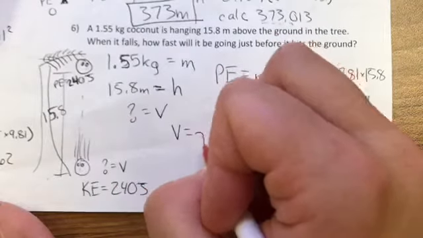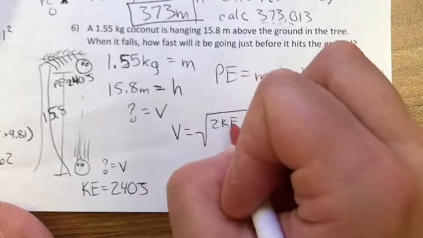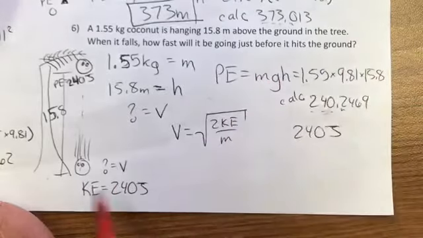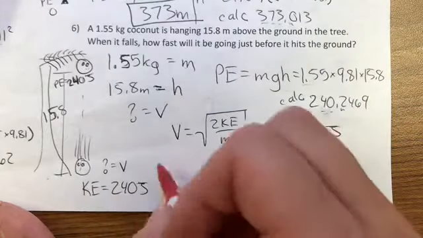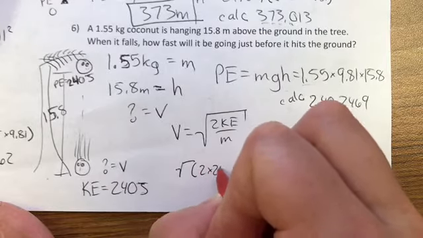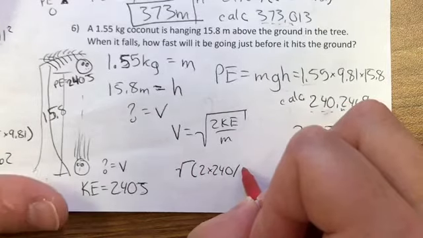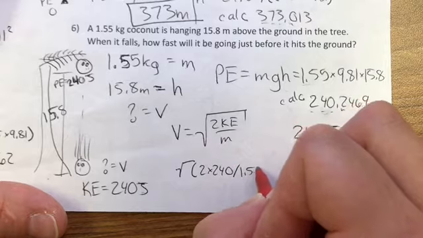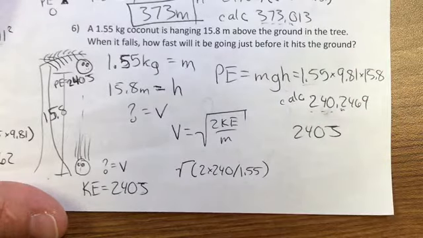Formula for velocity is the square root of 2 times the kinetic energy divided by the mass. Kinetic energy at the bottom is 240. So square root 2 times 240 divided by the mass of 1.55, close parentheses.